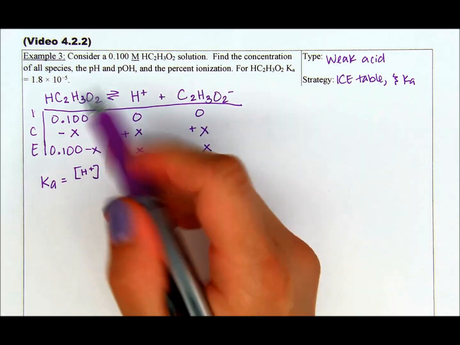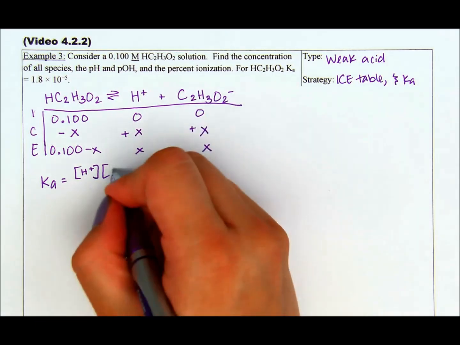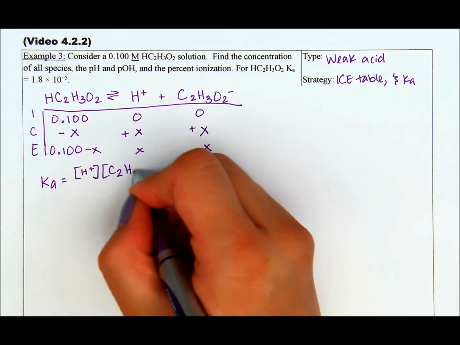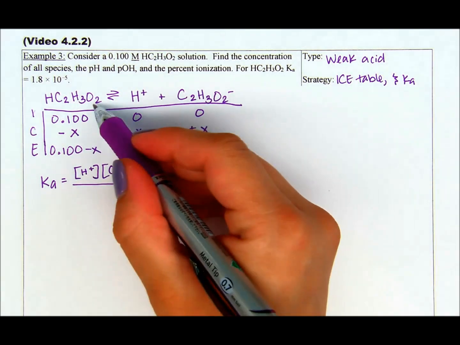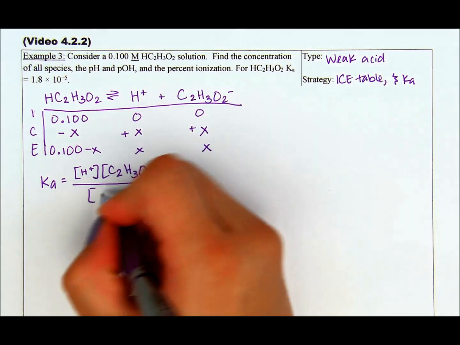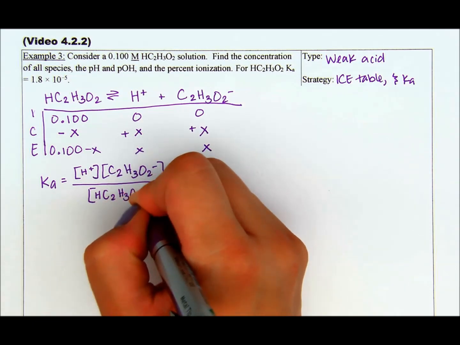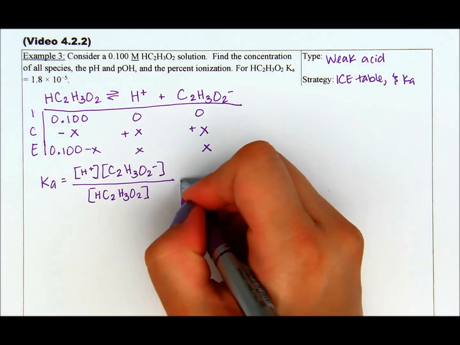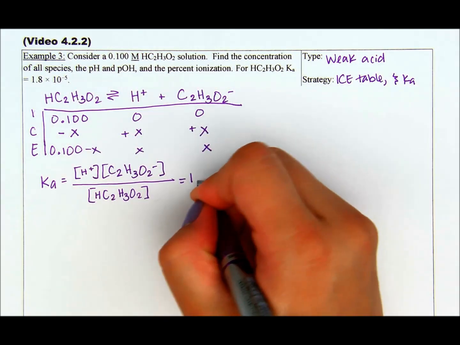So H plus times the concentration of acetate over my reactants, because again this is an aqueous solution. You can tell it's a solution because molar. Of acetic acid. And then our Ka is given to us here, so 1.8 times 10 to the negative 5.